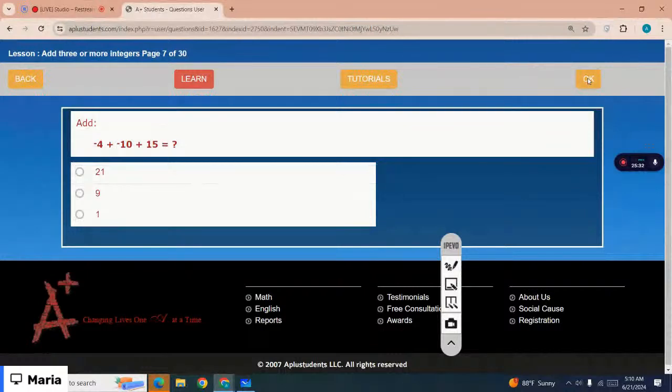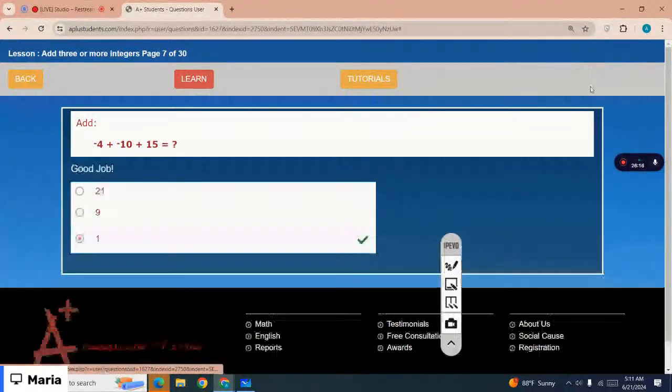Negative 4 plus negative 10 plus 15, which is the correct option? Correct option is 1. Option number 3 is the correct option.